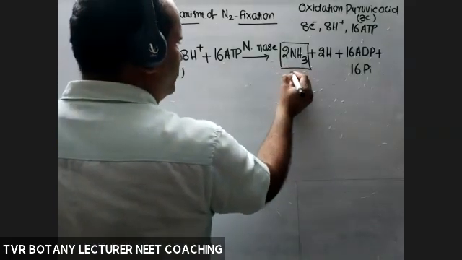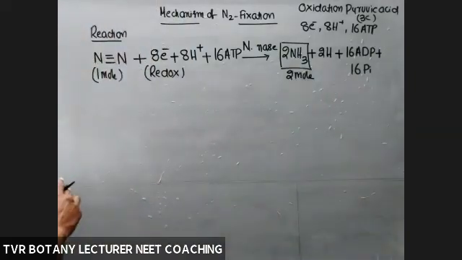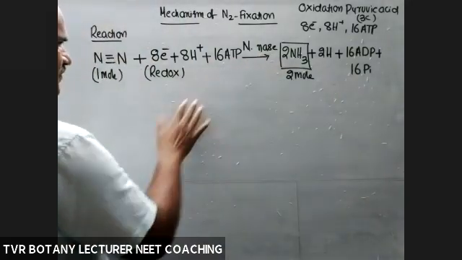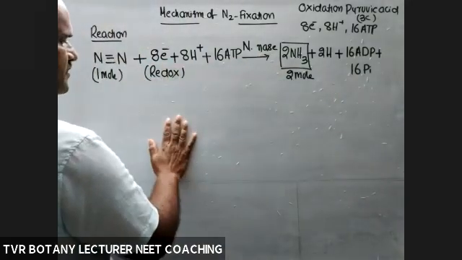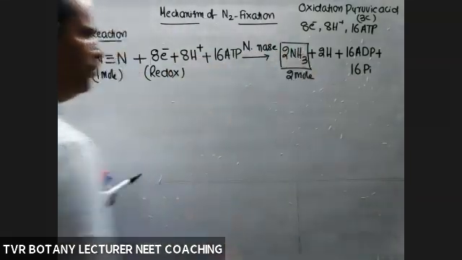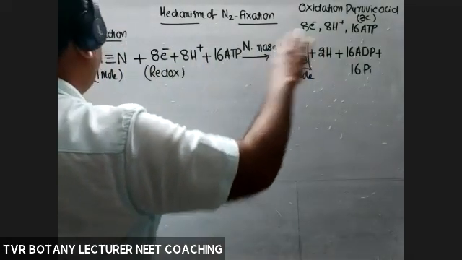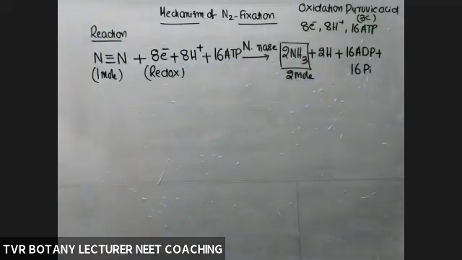Two molecules of ammonia here. If it is one molecule of ammonia, for example, 4 electrons, 4H plus, and 8 ATP are enough to produce it. So this is the overall balanced equation of nitrogen fixation by the dinitrogenase enzyme.